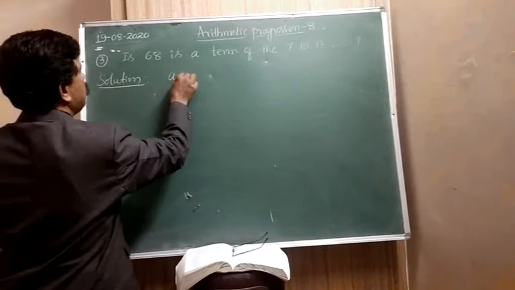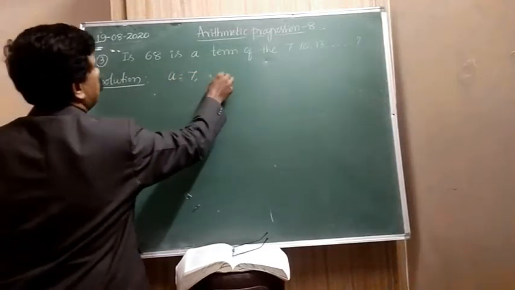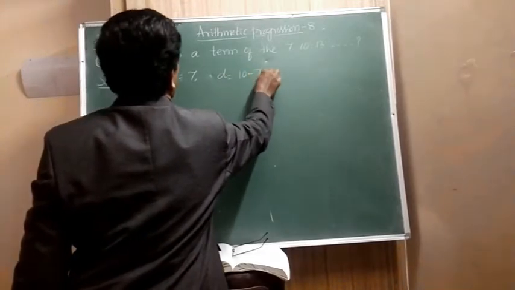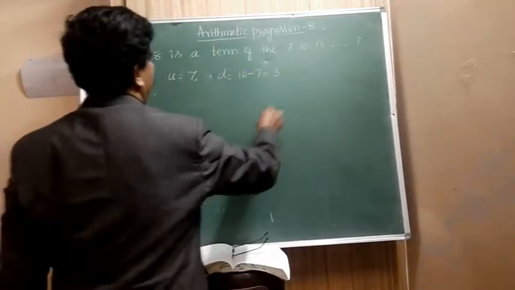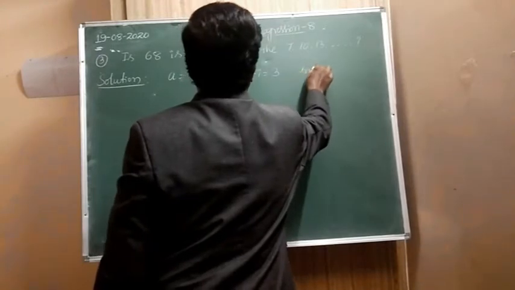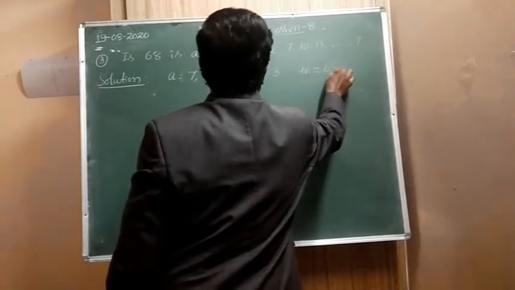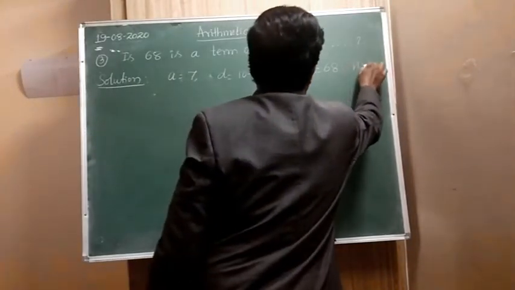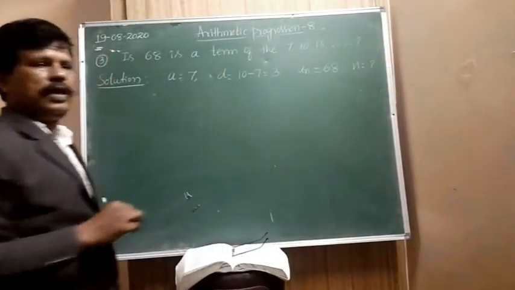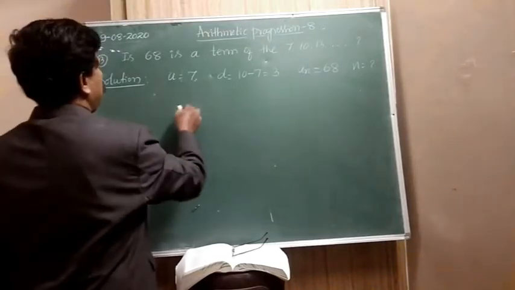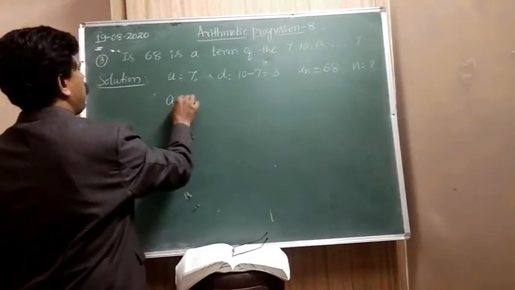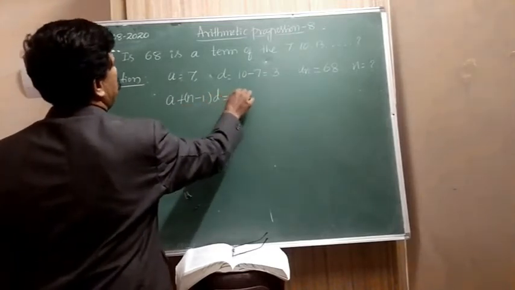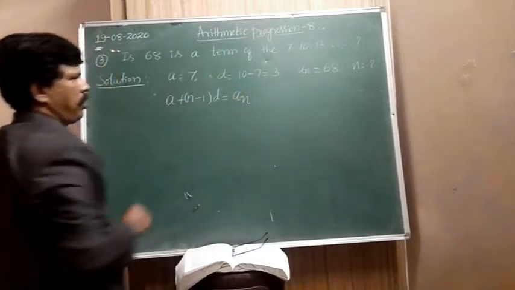Write down A is equal to 7 and D is equal to 10 minus 7 is equal to 3. And here you can consider AN as 68. Right? Then N is equal to question mark. Now A plus N minus 1 into D is equal to AN.